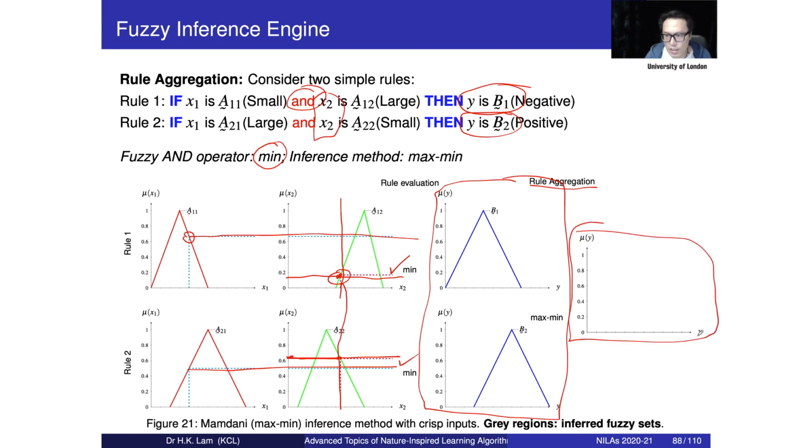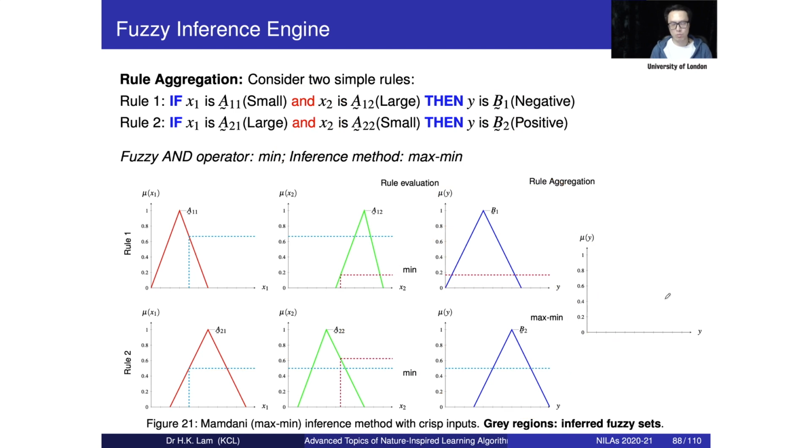Actually, the x-axis of this figure is y, and the y-axis is mu y, the same as right here. So why do I put an extra figure here? Because I would like to put the information into another figure. Now, after I determine the minimum grade for each rule, I extend the horizontal line to the output membership function for rule 1 and then for rule 2.